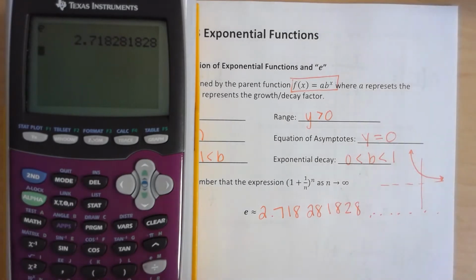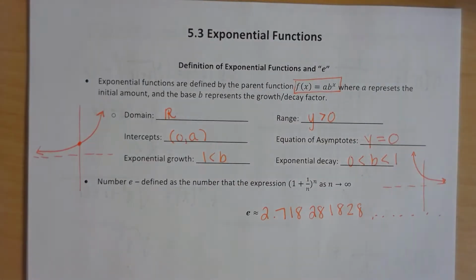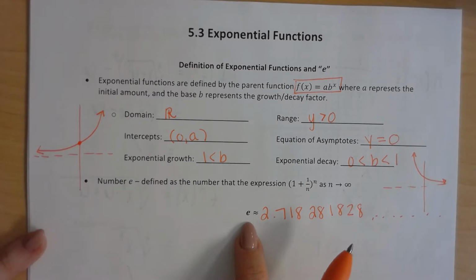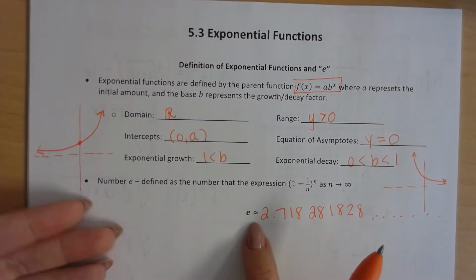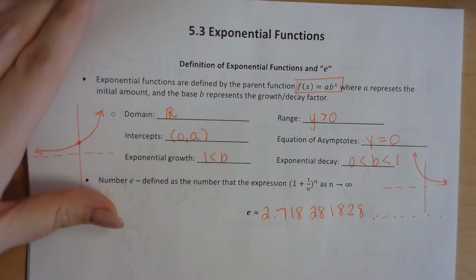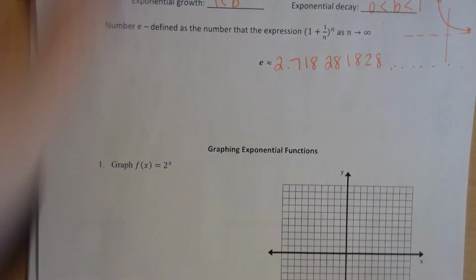It goes on and on forever, just like pi. Pi and e are very similar. They're a number represented by a letter. Even though this is not in number form, e just represents this number.